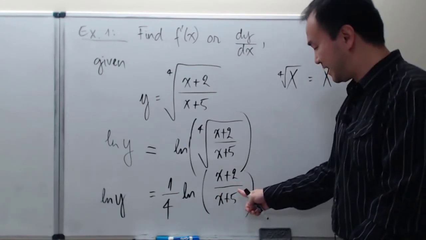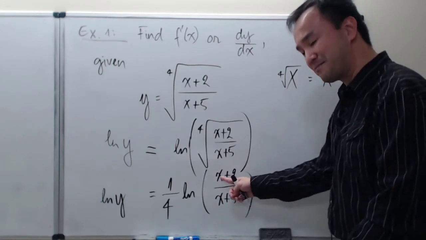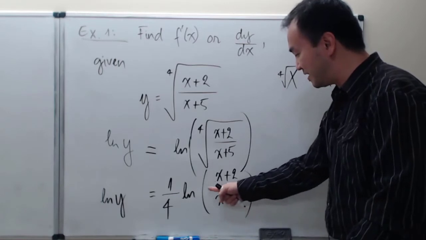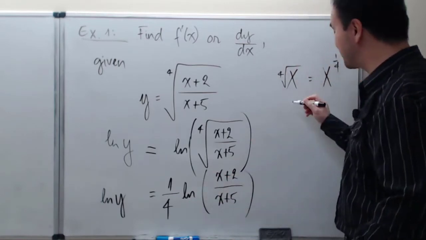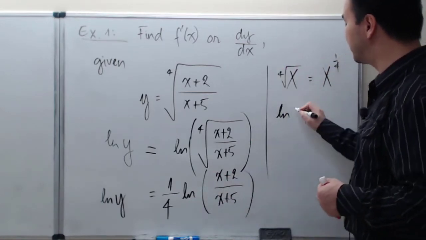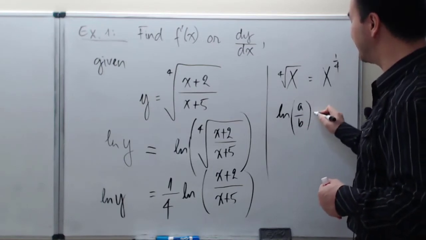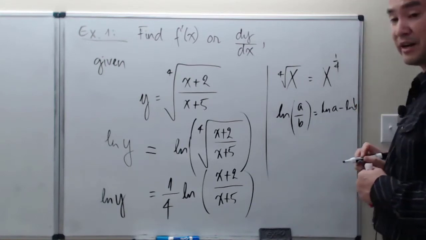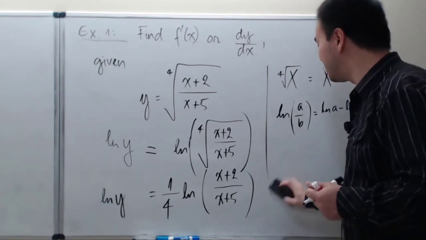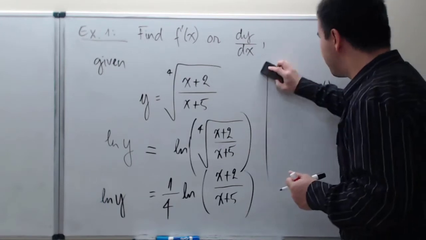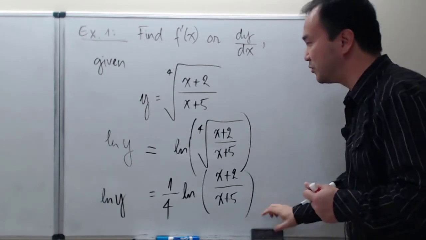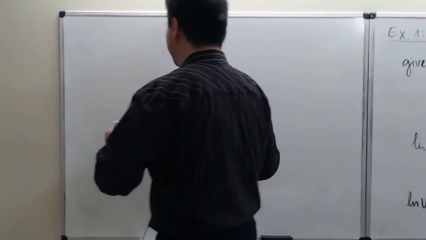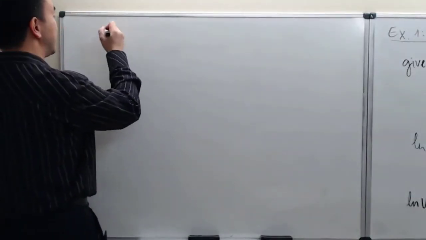Recall again that in my earlier lecture, I briefly reviewed that for logarithms, we have a property where if we're taking the log of a quotient, we can turn that into the log of the numerator minus the logarithm of the denominator. Okay, that's the same property. This is what I'm doing for this equation here. I am going to apply that algebraic property.